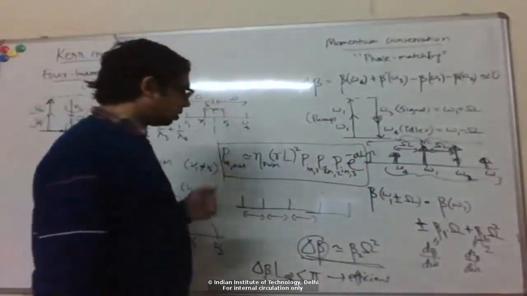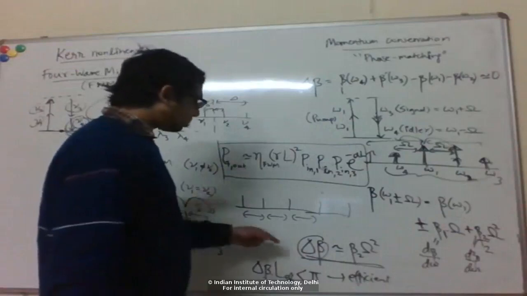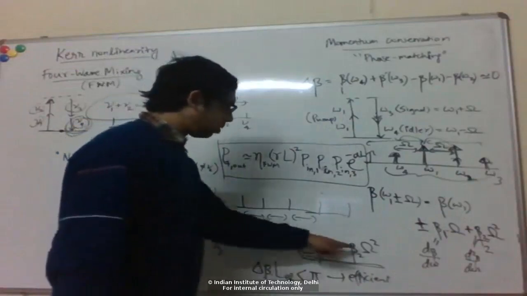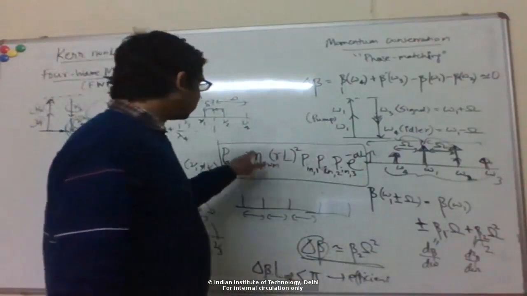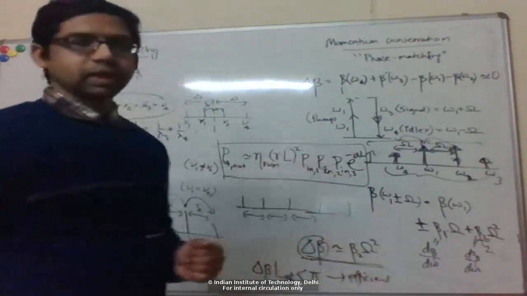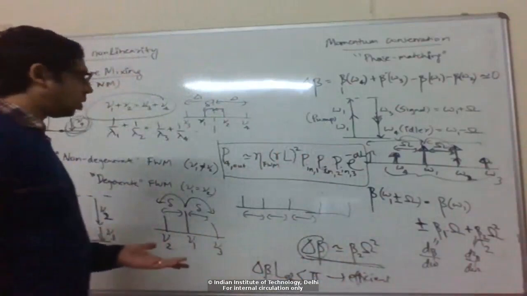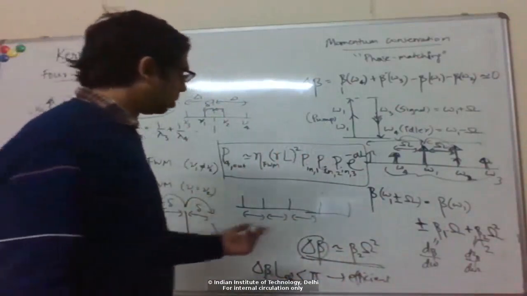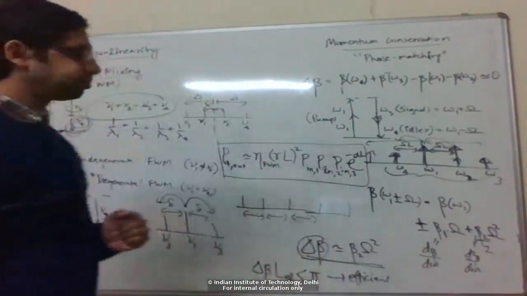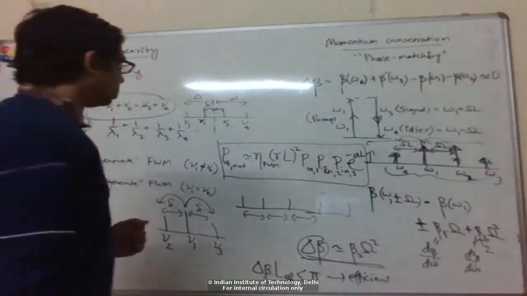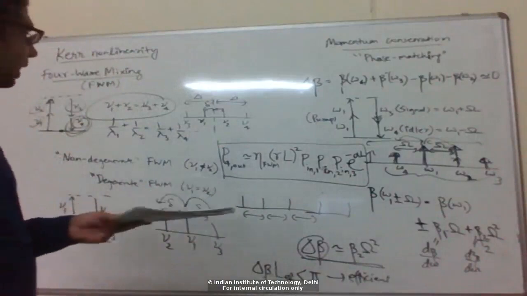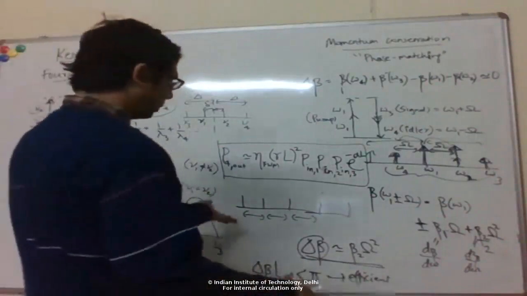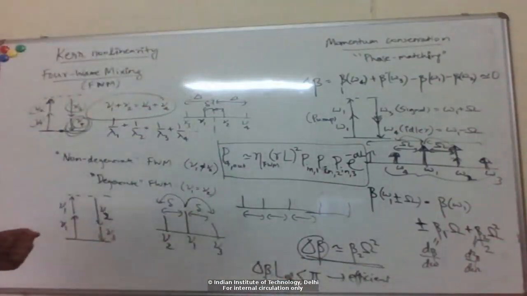So either large loss or large delta beta or large dispersion, in both cases this efficiency will be small. So for large efficiency, you want low loss and low dispersion. Loss in any case, for optical fibers, is very small.